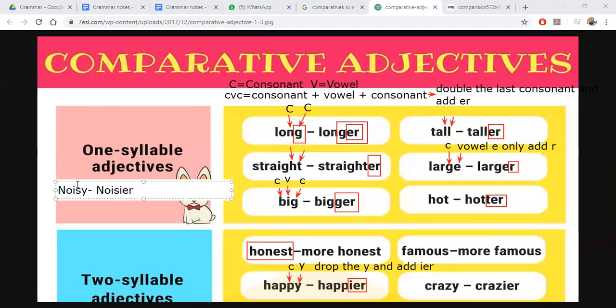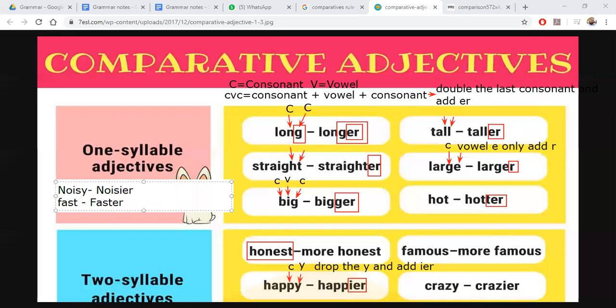Why noisier? Simple. Consonant Y, and it has two syllables. So we drop the Y and we add I-E-R. Noisier, like this one. Okay, very good. What is the comparative of fast? Very good.